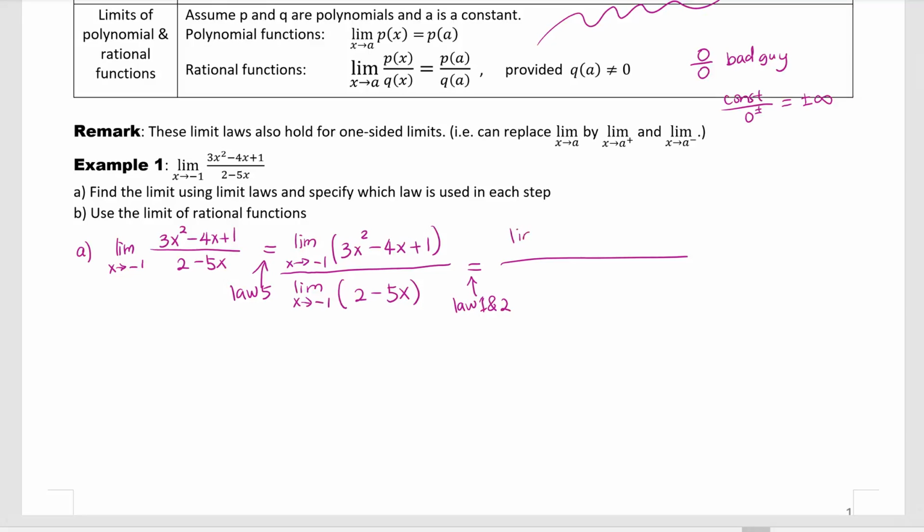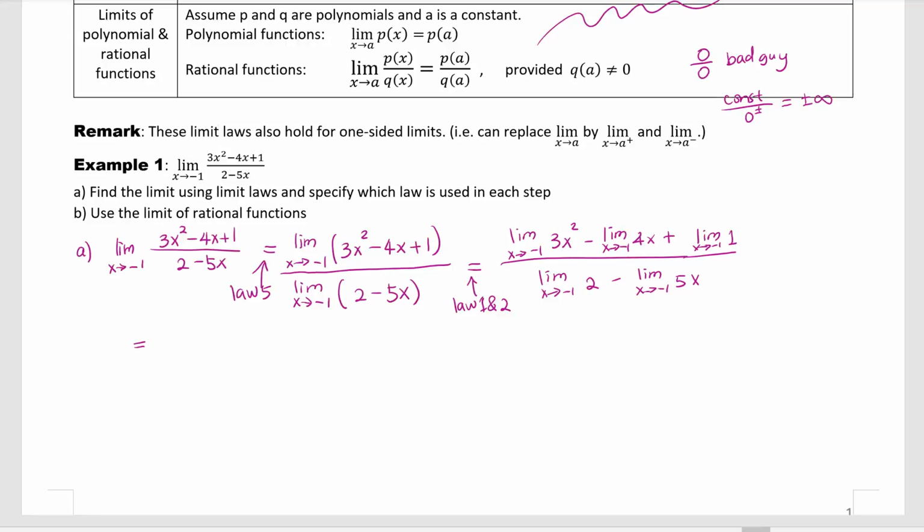So then now we have limits 3x squared minus limits 4x plus limit of 1 is 1, and then we have limit 2 minus limit 5x. Okay, we can do one more step. We have the 1 here. Okay, so next we continue.